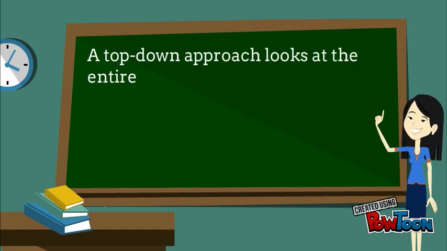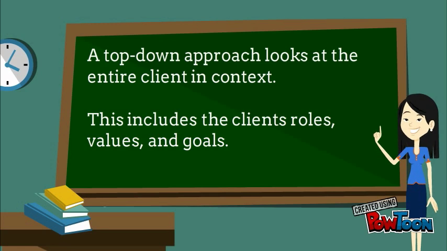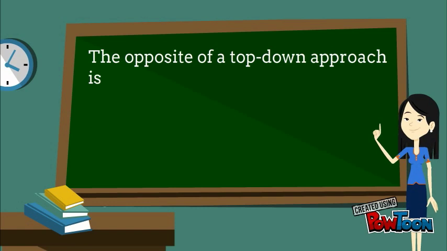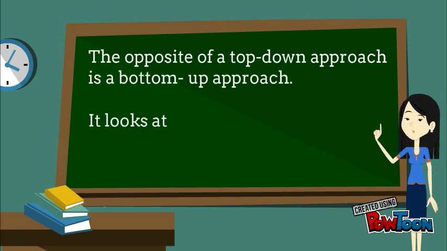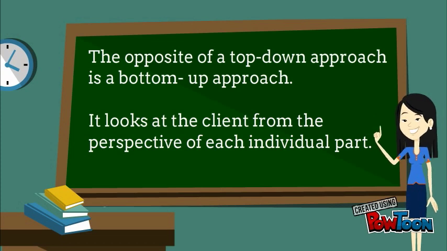A top-down approach looks at the entire client in context. This includes the client's roles, values, and goals. The opposite of a top-down approach is a bottom-up approach. It looks at the client from the perspective of each individual part.